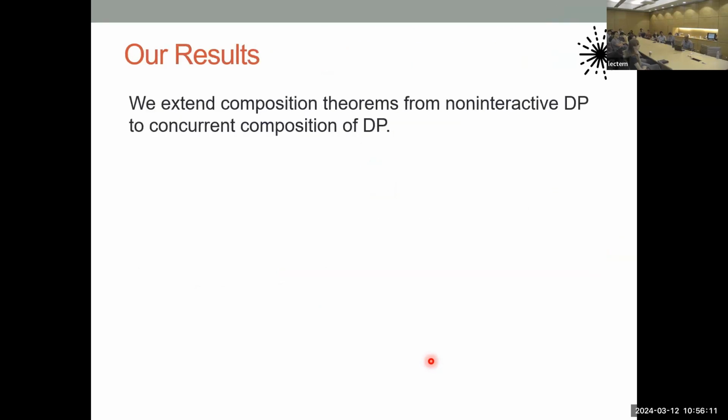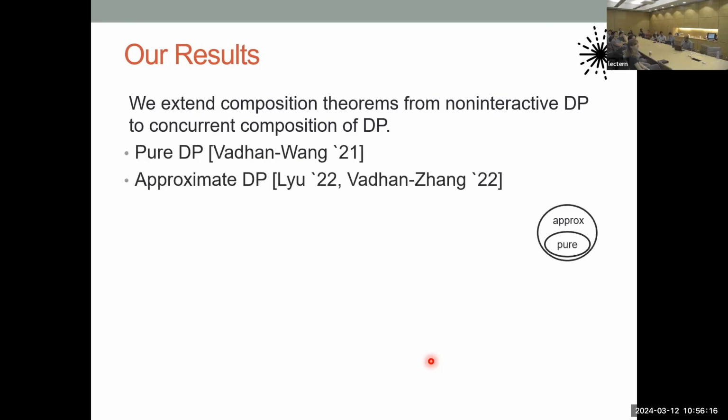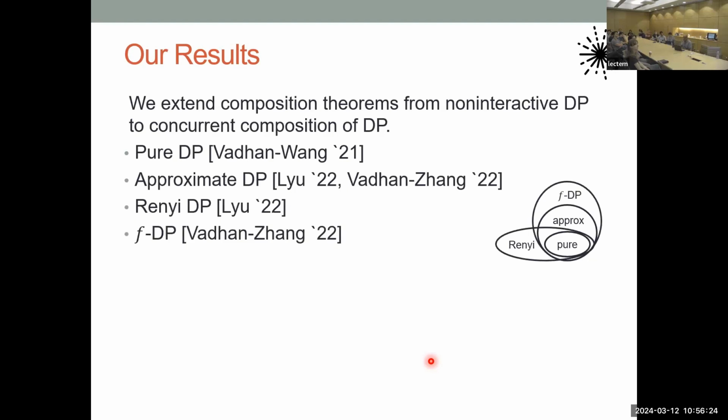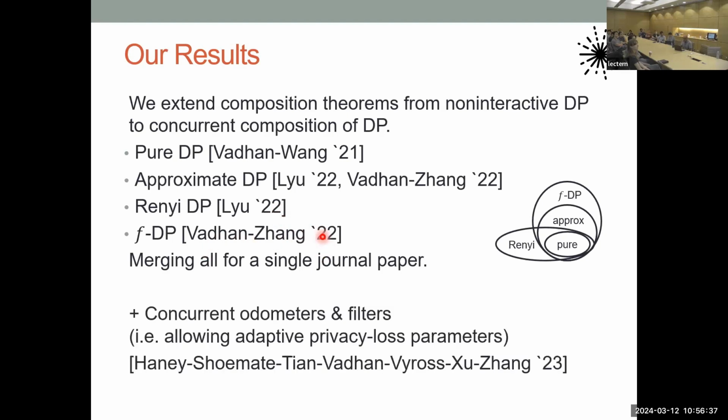Okay, and so through a series of papers over the last few years, we have worked hard to show that the composition theorems we knew for non-interactive DP actually extend to interactive DP for all of these flavors of differential privacy that I mentioned. It turns out that for some of them, they're very different proofs for the different kinds of privacy notions.